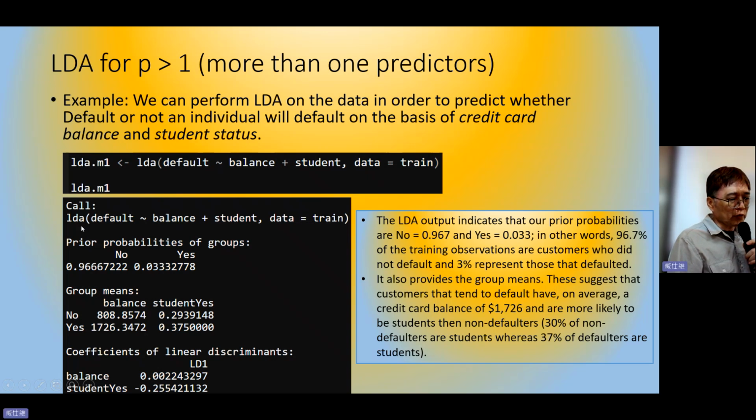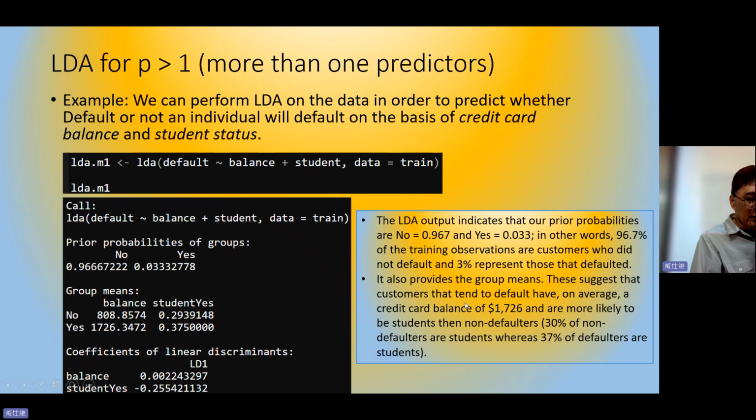If you look at the output, you will see we have group means. The group means show the balance. For the defaulters, the average balance is higher.